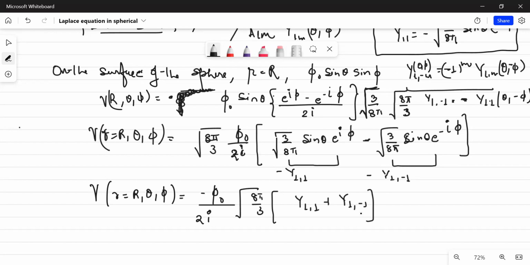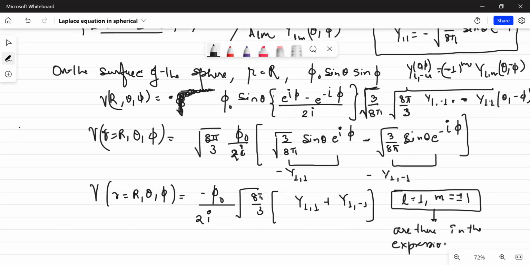So this is how you can write your potential on the surface. You can clearly see there are only terms corresponding to L equals 1 and M equals plus minus 1. So there are only two terms in the expression, L equals 1 and M equals plus minus 1.